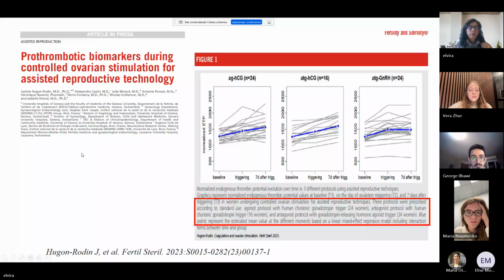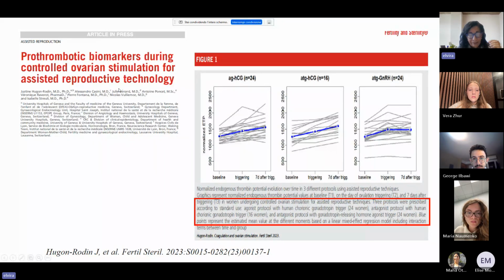But we have many different protocols with different pharmacological approaches to induce the ovarian stimulation. And we know from our practice and from case reports that only some drugs, first of all, as I said, gonadotropins, but also human chorionic gonadotropins especially, are associated in our patients to an increased VTE risk.